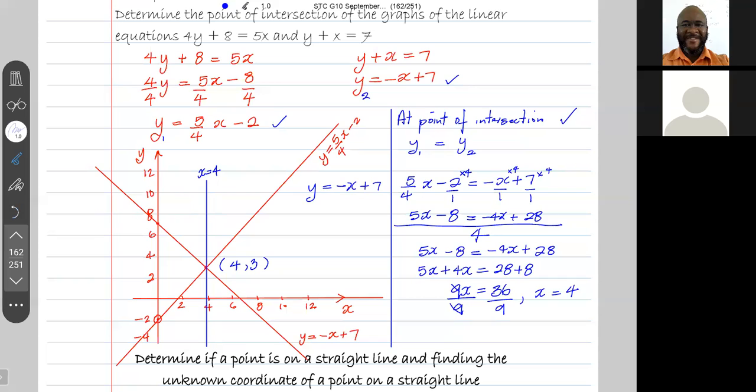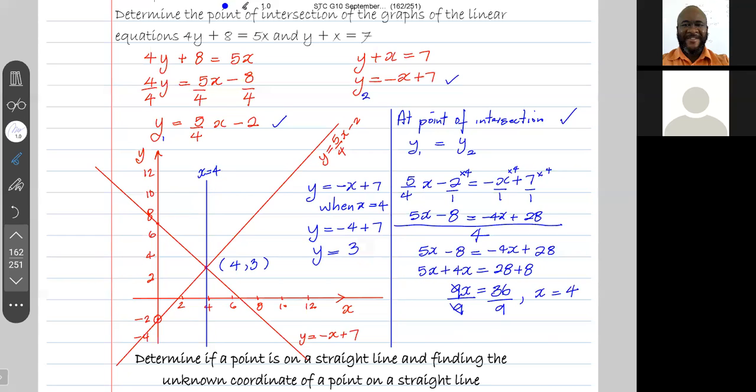It doesn't matter which one I use because both of them are going to give me the same answer. When x is equal to 4, because the value of x at the point of intersection is 4, I get y is equal to minus 4 plus 7. So y is equal to positive 3.